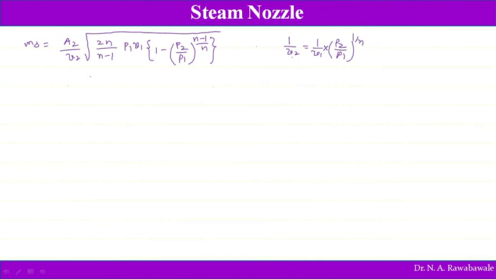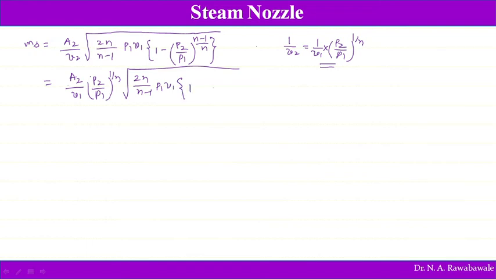So substituting this in place of 1 by v2, we get a2 divided by v1 into (p2 divided by p1) to the power of 1 over n, into square root of 2n divided by n minus 1 p1 v1, in bracket 1 minus (p2 divided by p1) to the power of n minus 1 divided by n, closing this bracket.